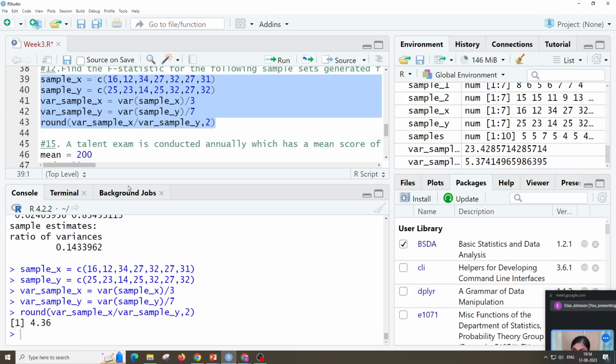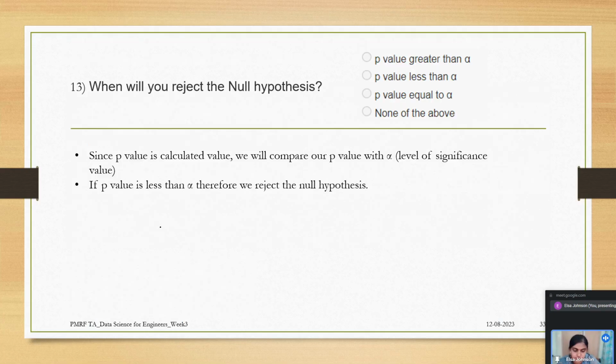Okay, now this is another theory question. When will you reject the null hypothesis? These are the options given: p value greater than alpha, less than alpha, equal to alpha, none of the above. In this particular case, since p value is a calculated value, we will compare our p value with alpha.